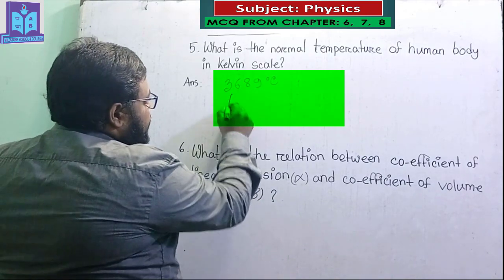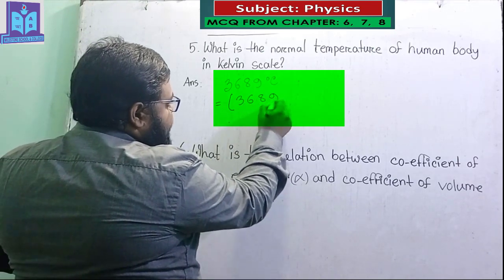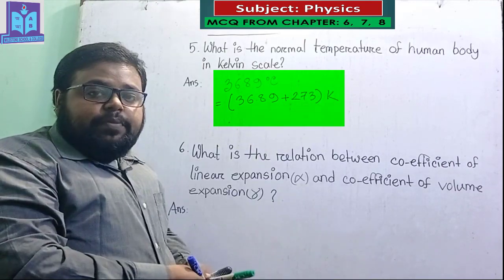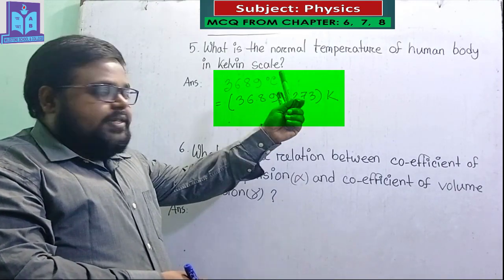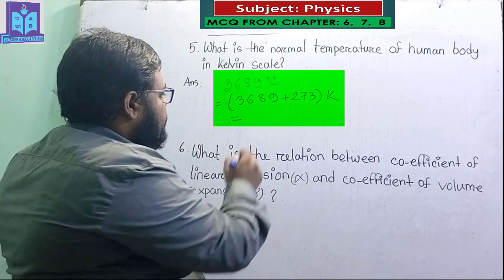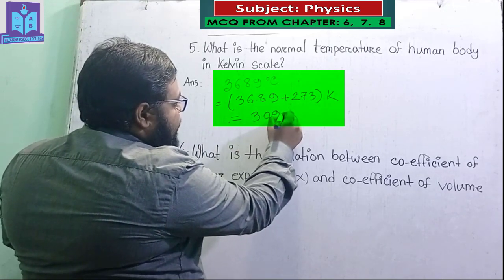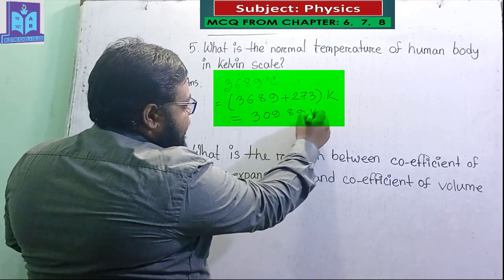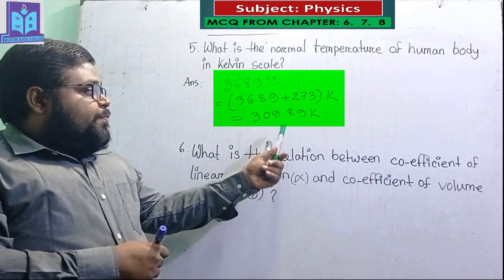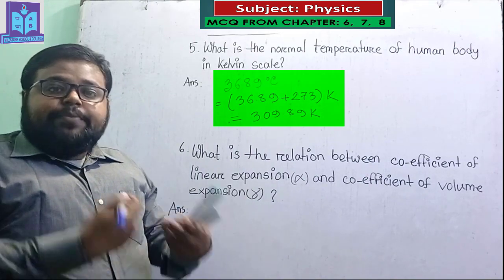So 36.89 plus 273, and the value will be 309.89 Kelvin. My dear student, 309.89 Kelvin is the normal temperature of a human body.